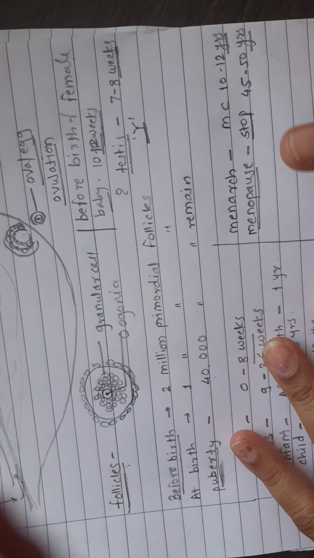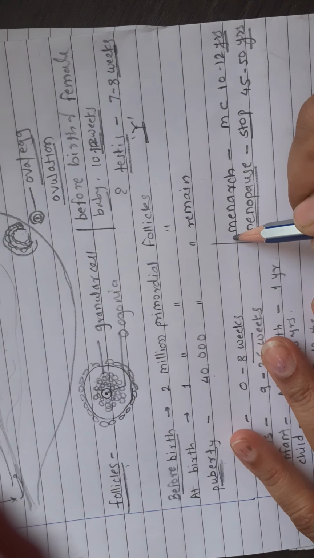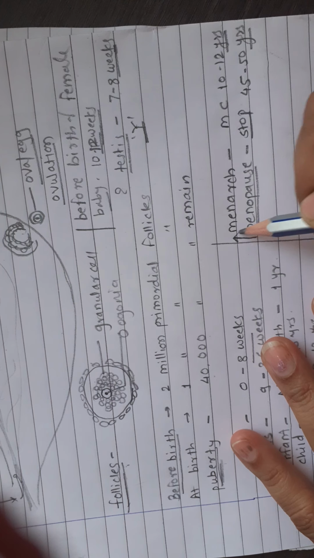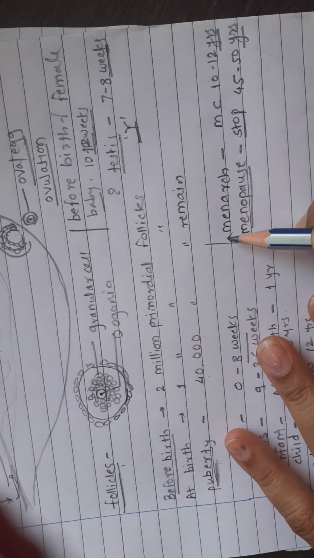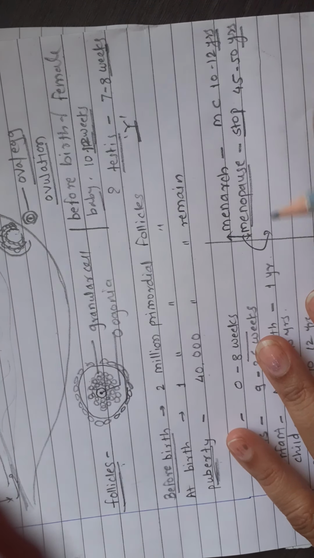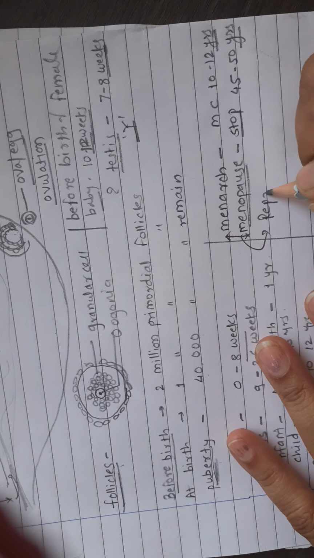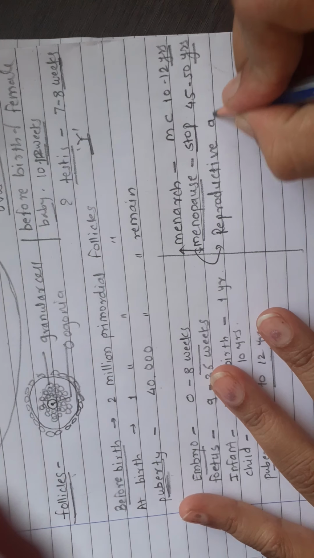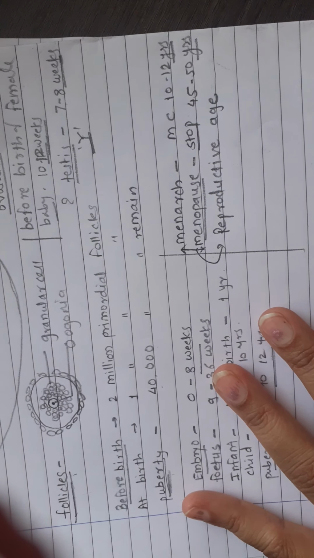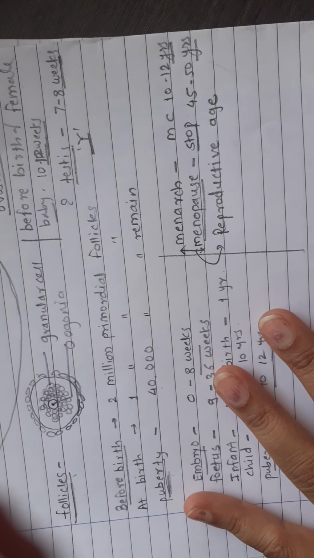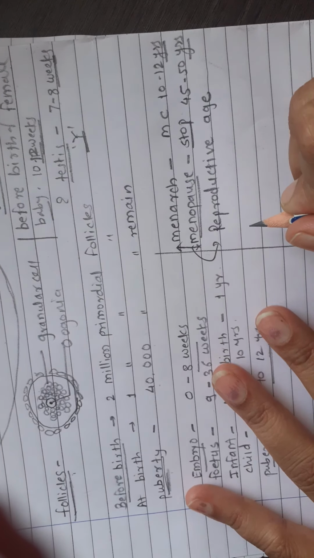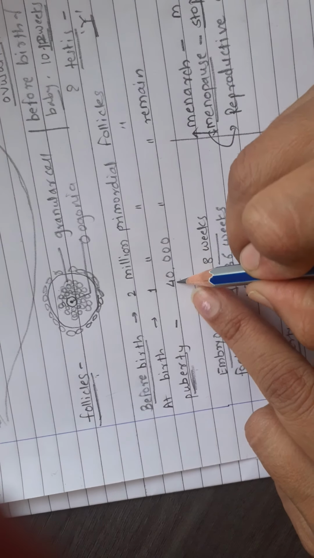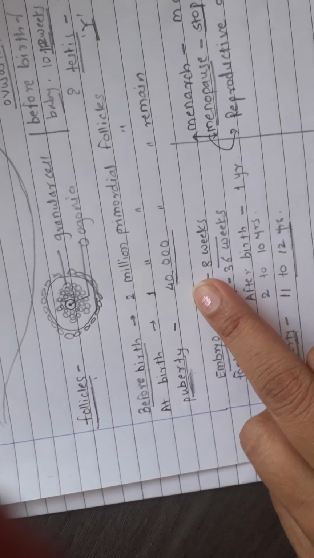The period in between menarche and menopause is called the reproductive age. In the female, at the puberty level, 40,000 primordial follicles are present.